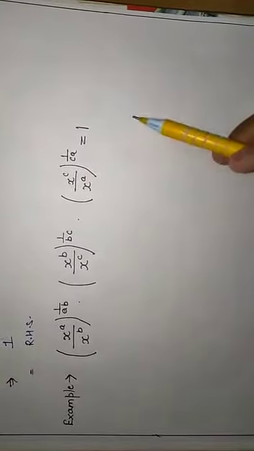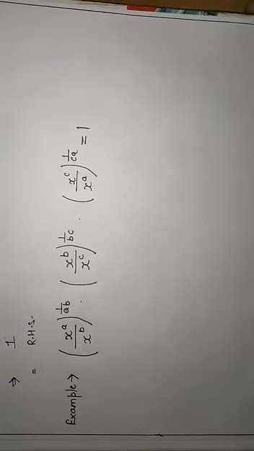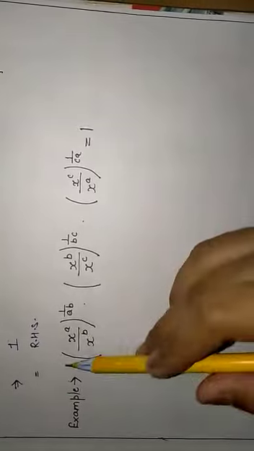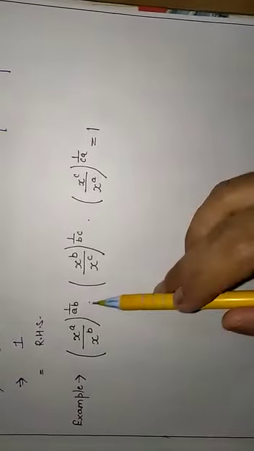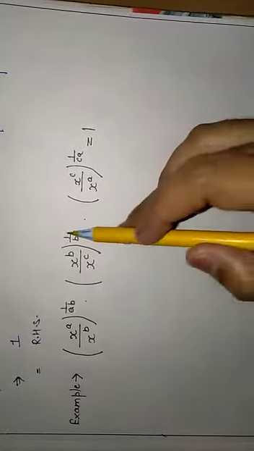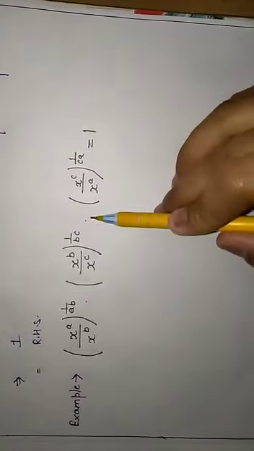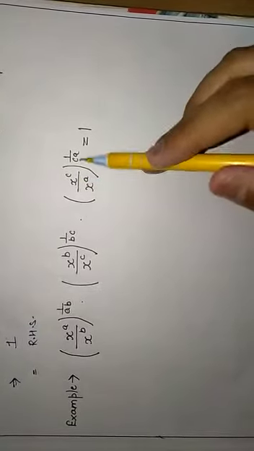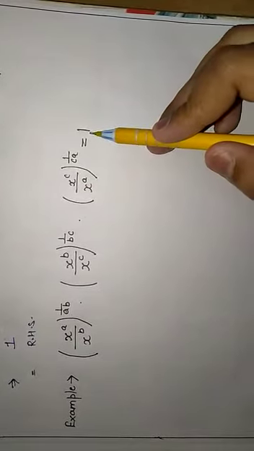Now starting the second example: (x to the power a upon x to the power b) whole to the power 1 upon ab, multiplied with (x to the power b upon x to the power c) whole to the power 1 upon bc, multiplied with (x to the power c upon x to the power a) whole to the power 1 upon ca, is equal to 1.